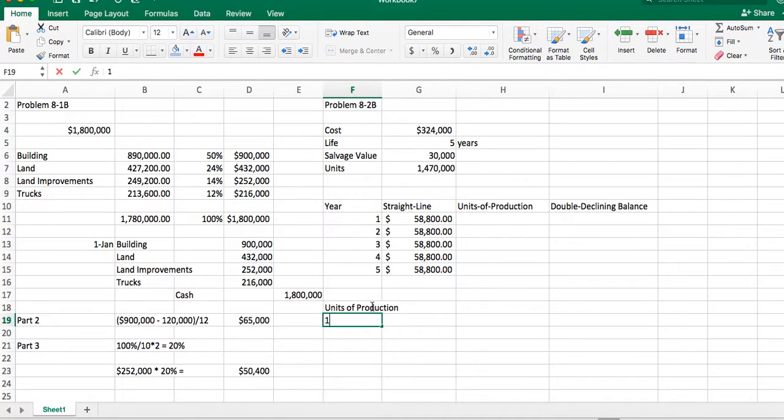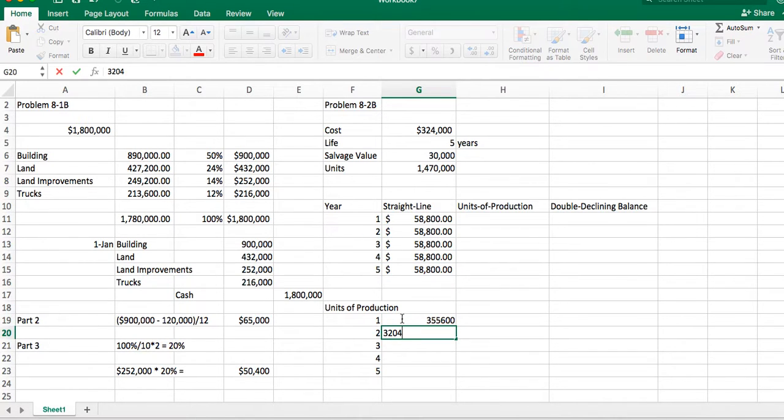If I come down here and put my units of production for each year, which is given to me in the problem. So year 1 was 355,600, year 2, 320,400, year 3, 317,000, year 4, 343,600, and year 5, 138,500.